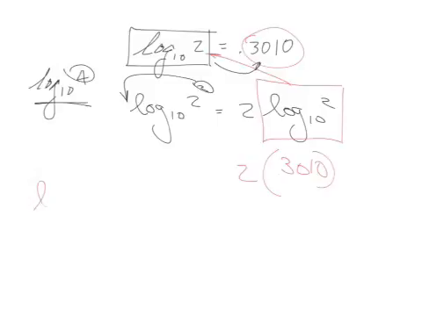Alright, what if I have something like log base 10 of 5? Oh my goodness. That's going to make it a little trickier because I've got a 5. I can't just reduce that to a 2. So what I'm going to do is change that 5 to 10 over 2.